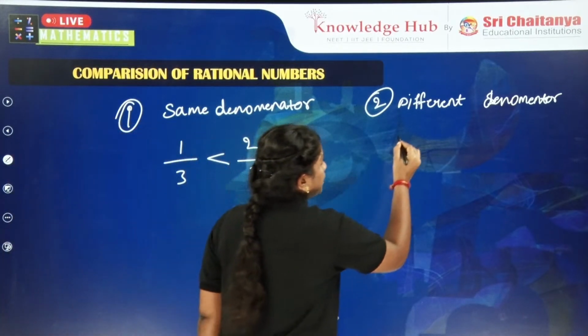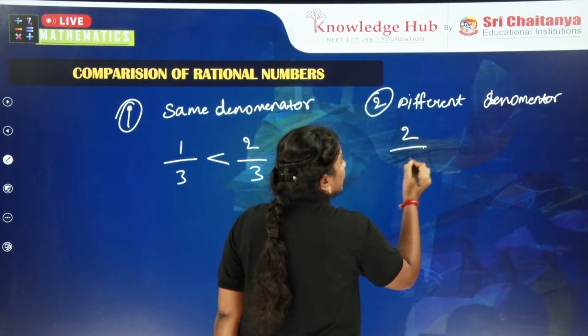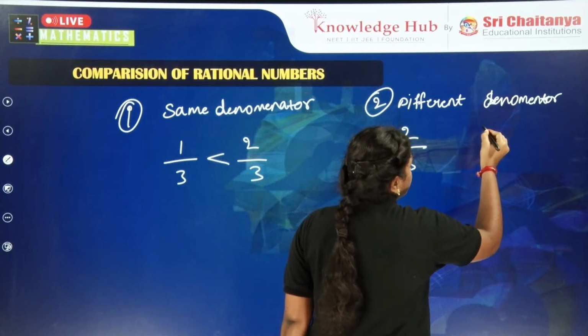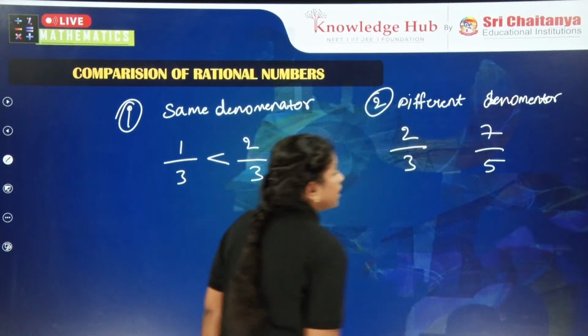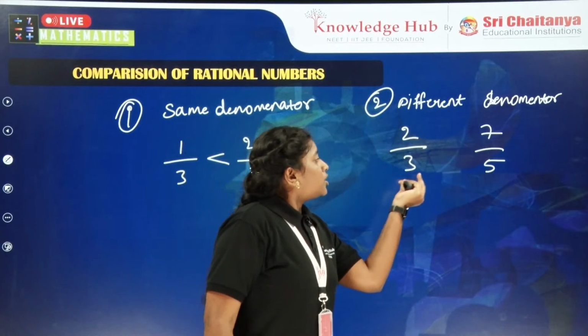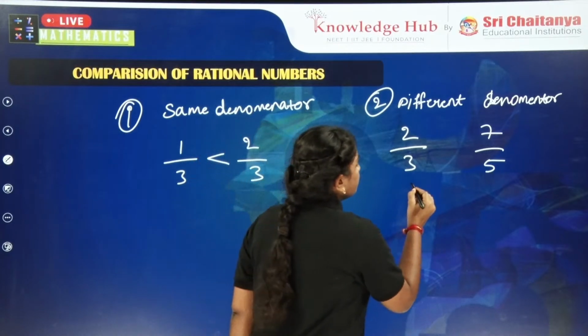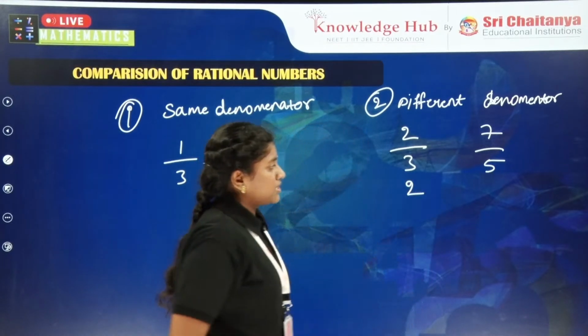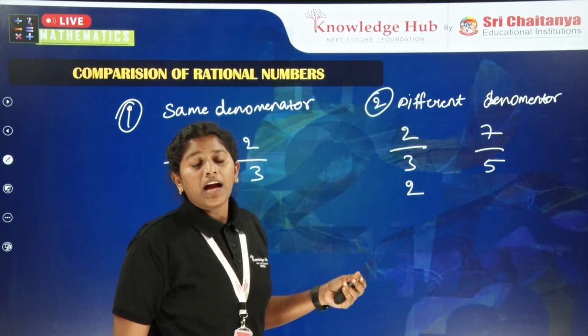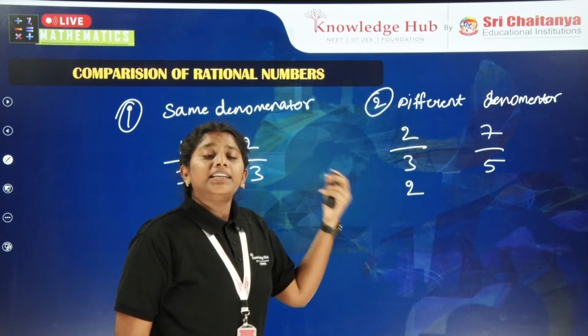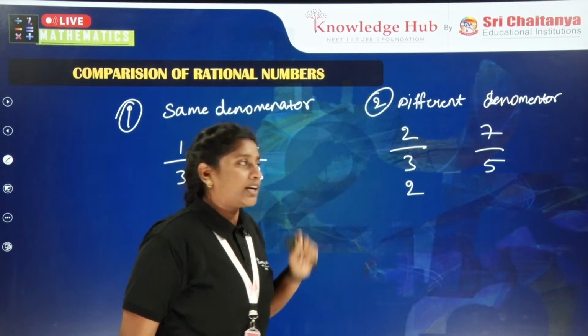Moving to different denominators, consider 2 by 3 and another one, 7 by 5. Here, if you observe, the two rational numbers have two different denominators. So how can we simplify it? Same as in our fractions, first we make our denominators the same, and then we compare the numerators.